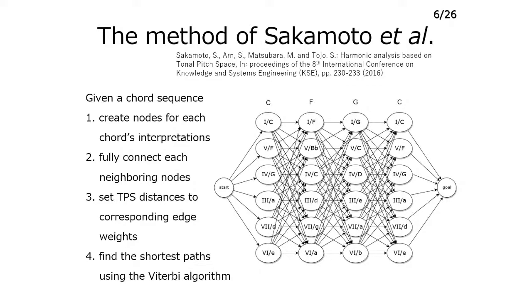In this example, each chord has 6 interpretations. Next, fully connect each neighboring node. Then set TPS distances to the corresponding edge weights. Every arrow, except for those with start or goal node, connects two chord interpretations, so there exists a TPS distance. Finally, find the shortest path from start to goal using the Viterbi algorithm.